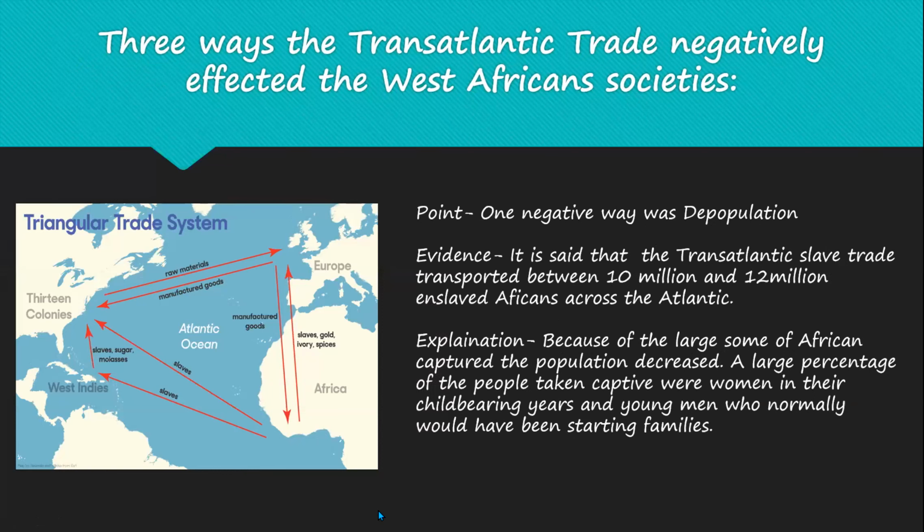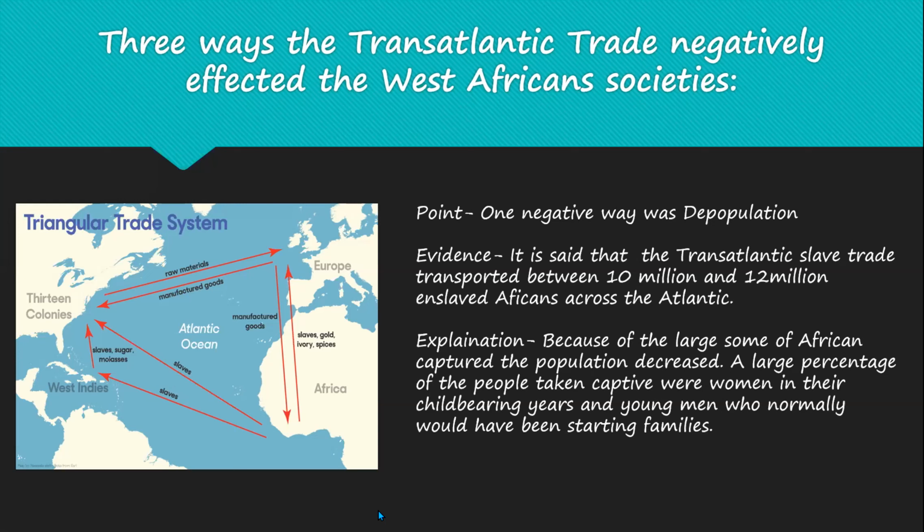Point one, negative way was depopulation. Evidence: it said that the transatlantic slave trade transported between 10 million and 12 million enslaved Africans across the Atlantic.